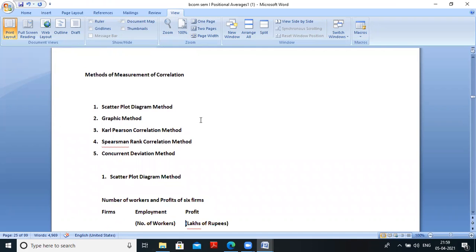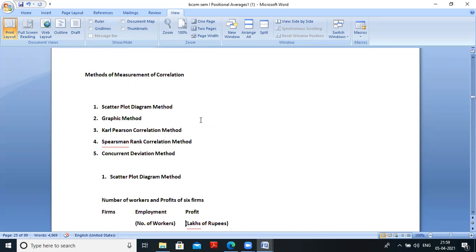Beta, what are the methods of measurement of correlation? Methods of measurement of correlation means how you can calculate coefficient of correlation. That is, you have to measure the degree of association between the two variables. What is the nature of association between the two variables?